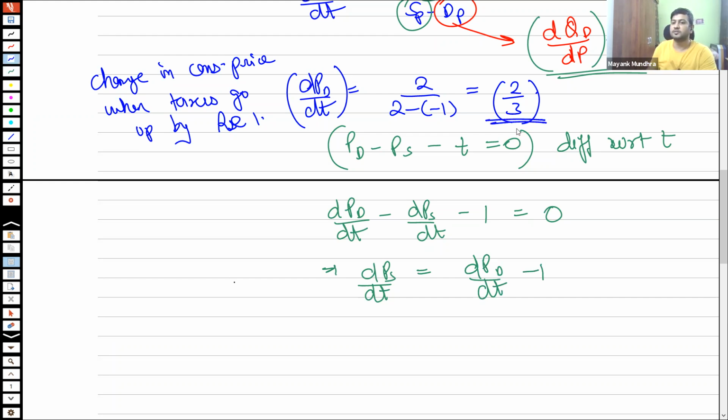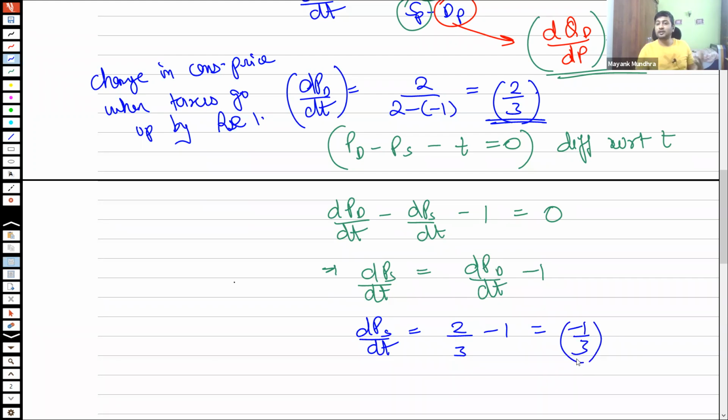So in this case, where dPd by dt was 2/3, dPs by dt becomes 2/3 minus 1. So that is -1/3.